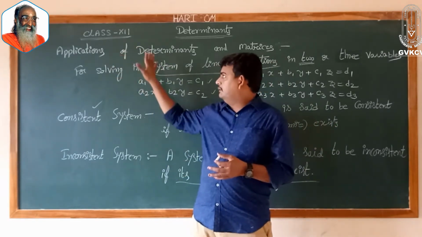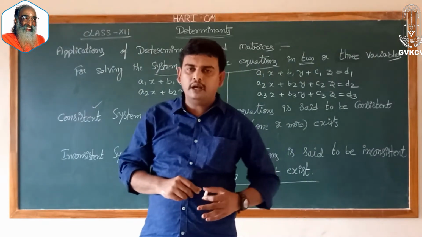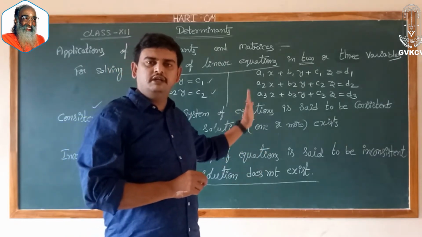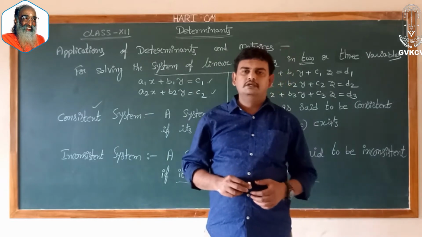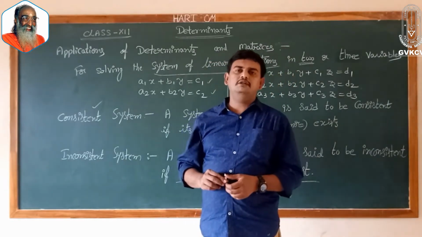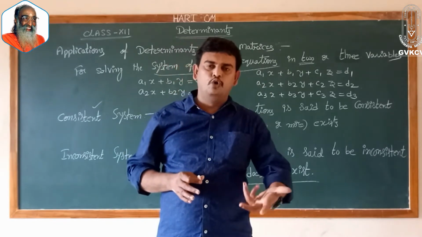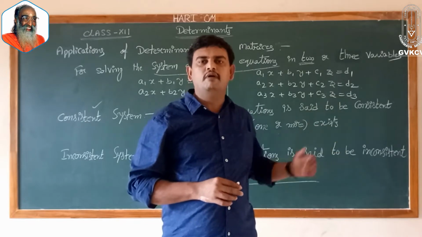So, by using applications of determinants and matrices, we are going to learn how to solve the system of linear equations. What is the meaning of solving the equations? As we know, solving the equations means finding the unknown values, that is, variable values.